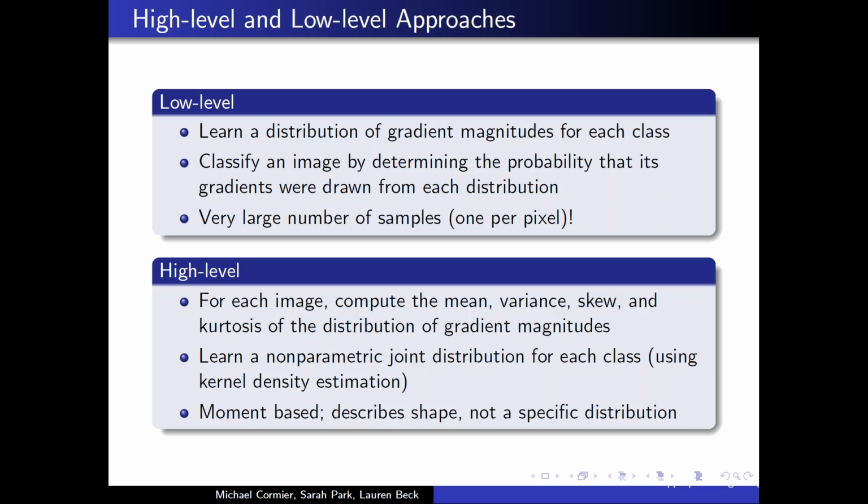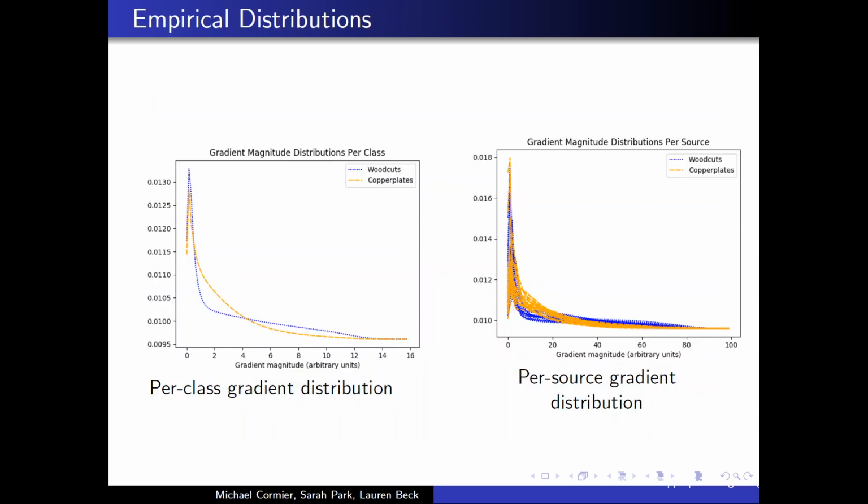We learn a non-parametric joint distribution for each class using kernel density estimation on these feature vectors. This is moment-based and describes the shape rather than assuming a single distribution. It allows us to describe a family of distributions for each class.